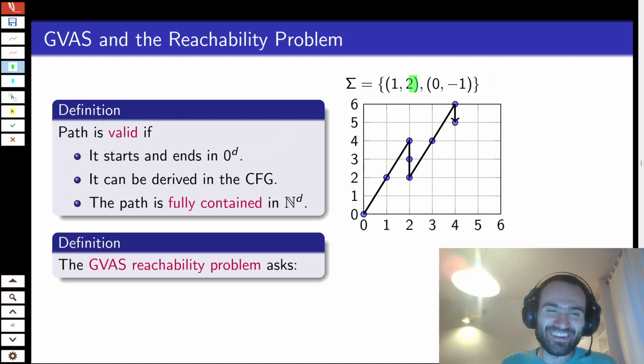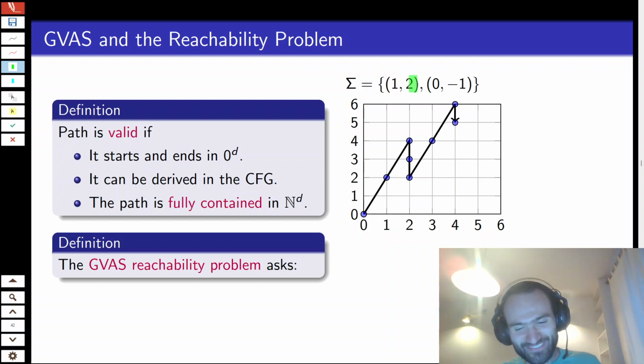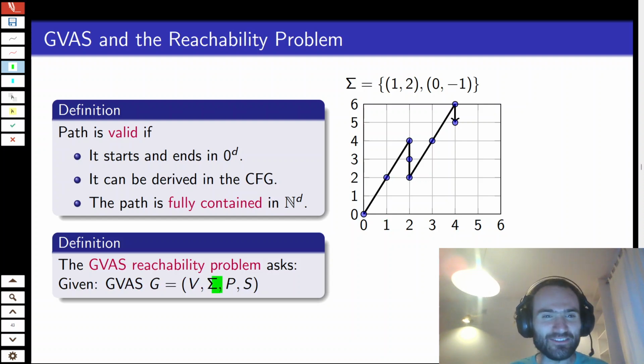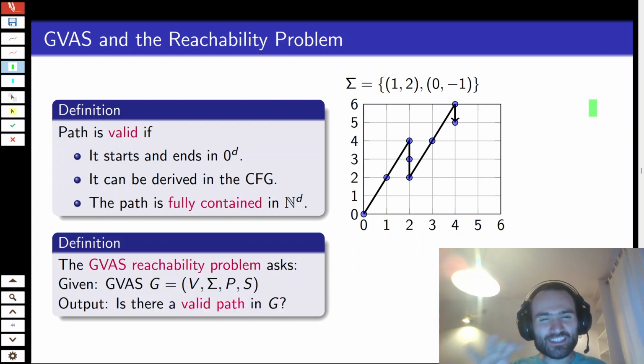But of course, there are more interesting GVASs. Because this problem is not nearly that easy. Definition. The GVAS reachability problem asks, given a GVAS, a context-free grammar, as I said, with the terminals being a part of Z^D, the question is, can we derive some valid path?